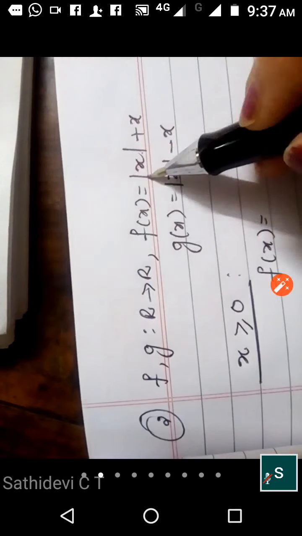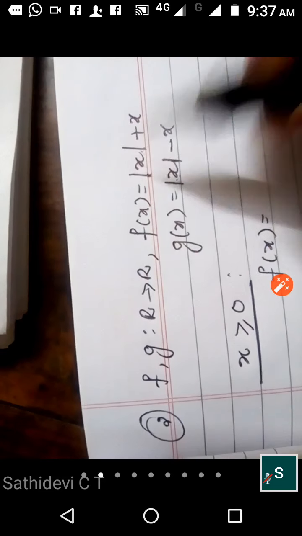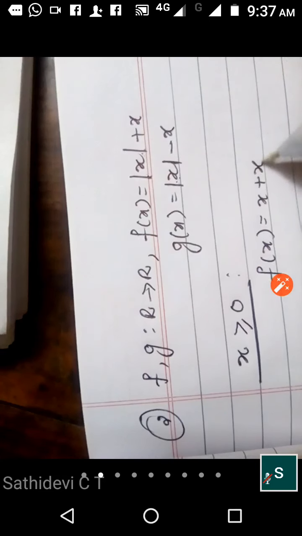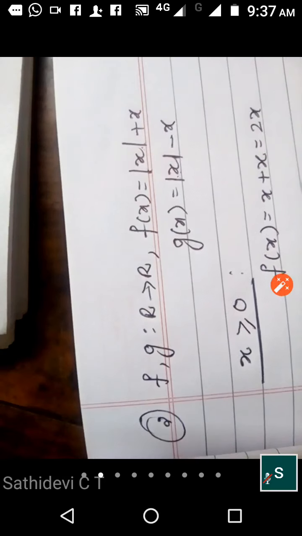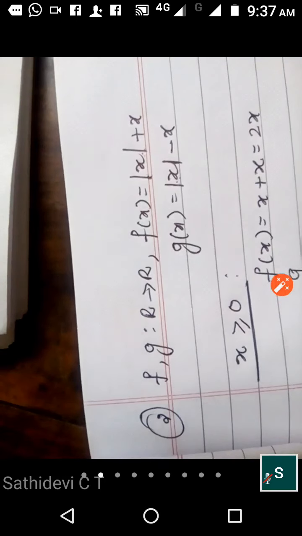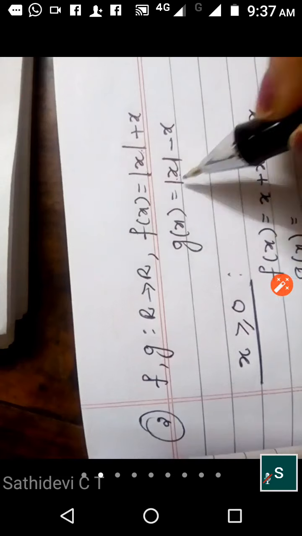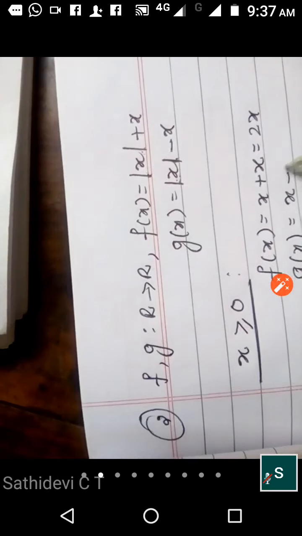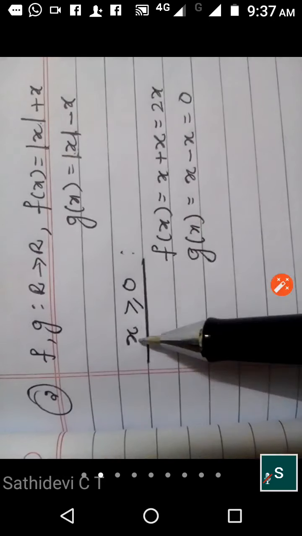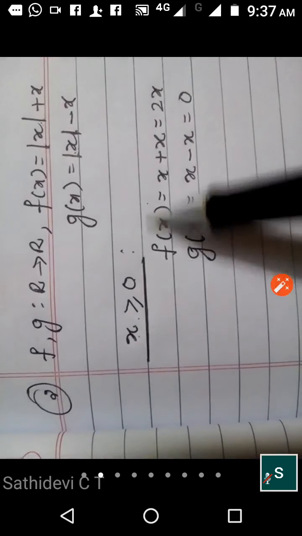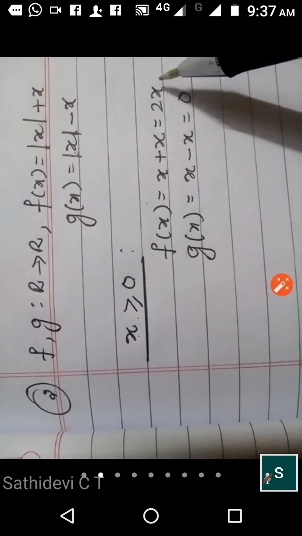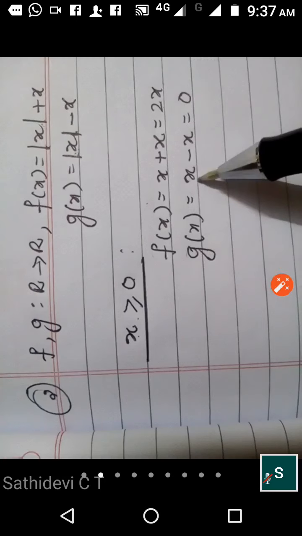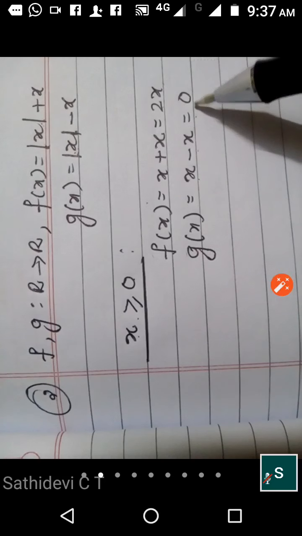X positive means modulus of x is x. So f of x becomes x plus x, that is 2x. G of x becomes x minus x, that is equal to 0. So for all positive x, our f of x is 2 times x, and g of x is 0.